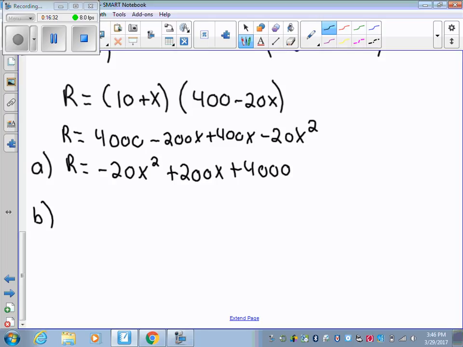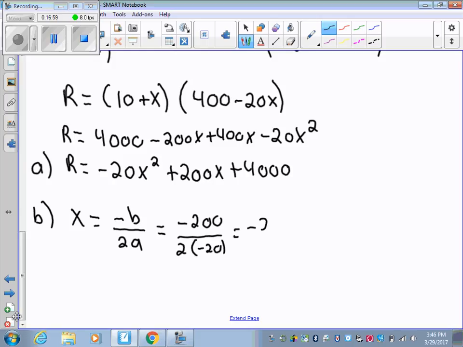Well, to get the x coordinate, and in this case, what does the x represent? X represented the number of price increases, okay? So we'll do negative b over 2a, negative 200 divided by 2 times negative 20.